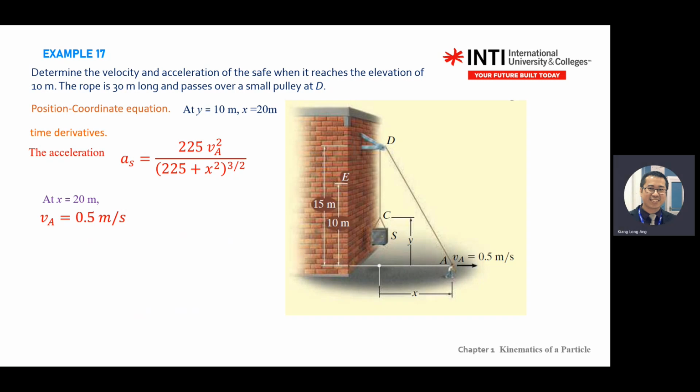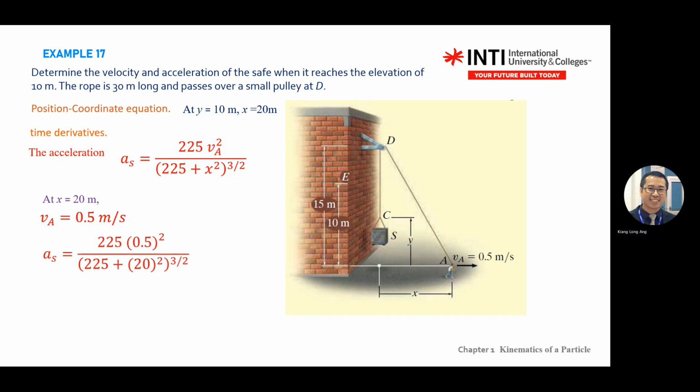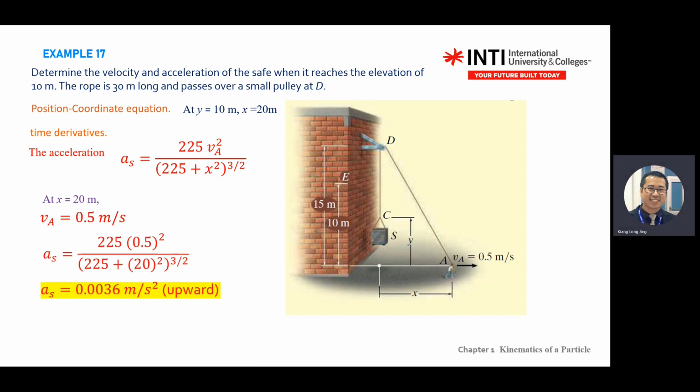So with the boundary condition, you can find what happened at x is 20 meters. You can find what the acceleration is. So you just substitute the value. Then you get your acceleration at x equal to 20 meters, at y equal to 10 meters. The answer is 0.0036 meter per second squared. And this one is moving up because it is a positive value.